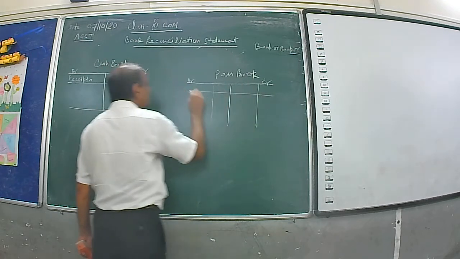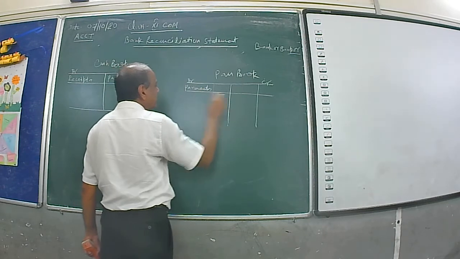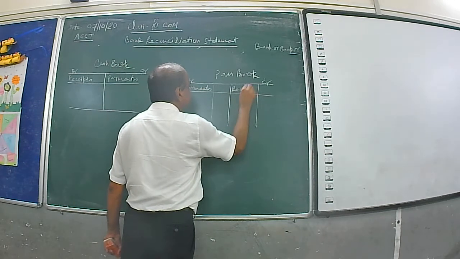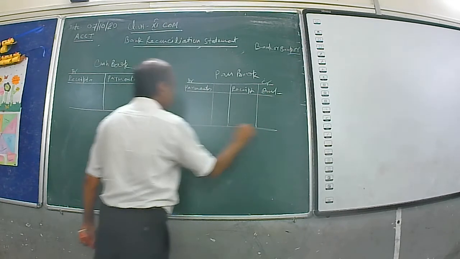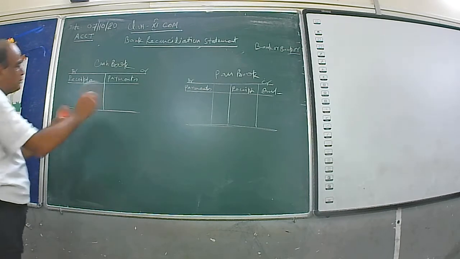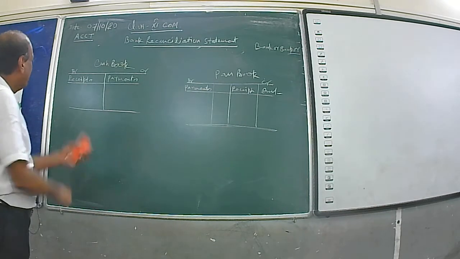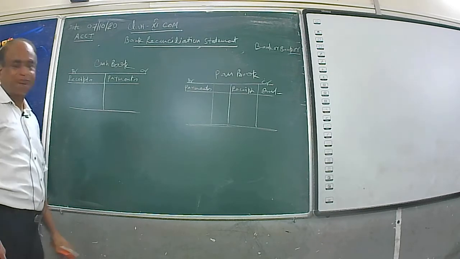Here you may write payments, and in credit side receipts. Just a small format. By this cash book and passbook, I will explain how you can solve the problem.